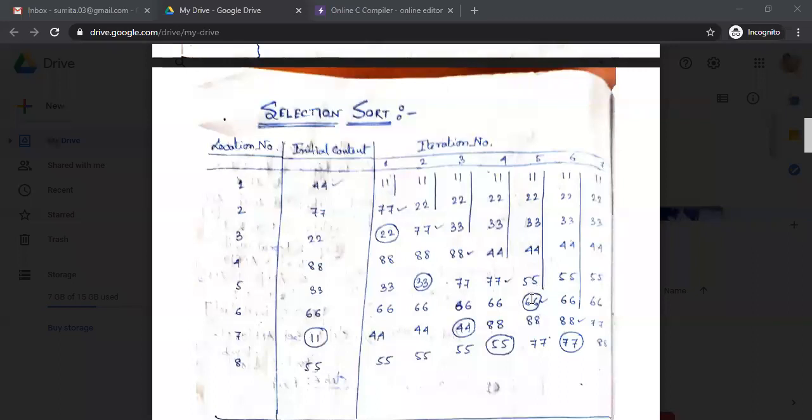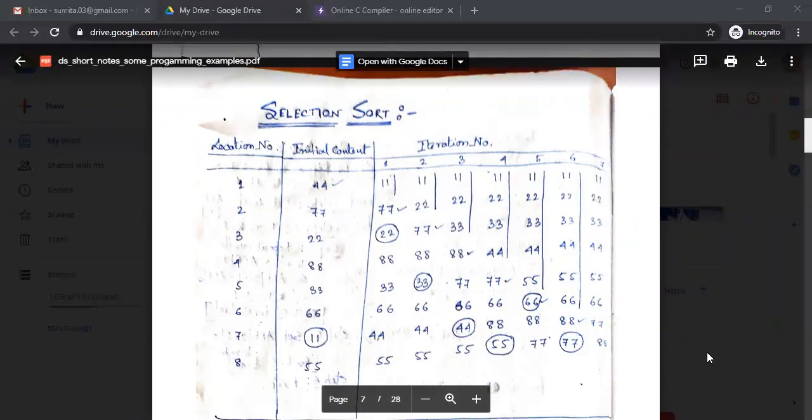Both are in the same position because 66 is my next assuming element according to my array, and 66 is the smallest element, because as we see 77 is greater than 66 and 88 is also greater than 66. So no swapping, no comparison is there, because 66 is already placed in its required place. 66 is already in the right position because the assuming element is 66 and the smallest element is also 66.